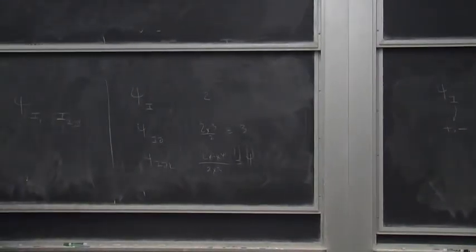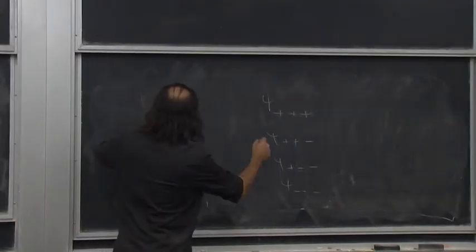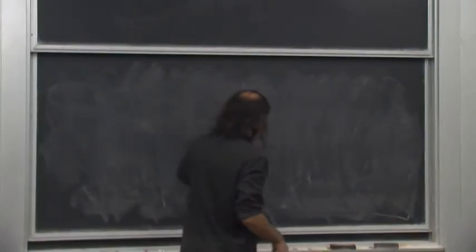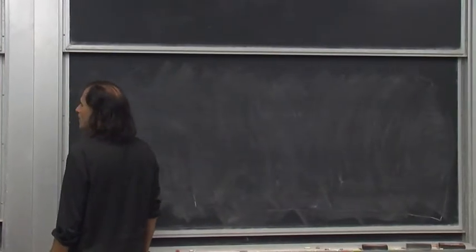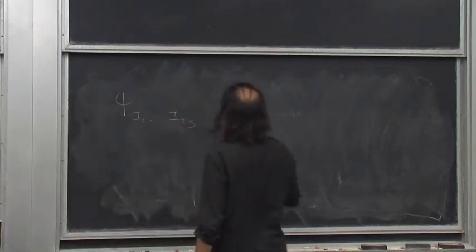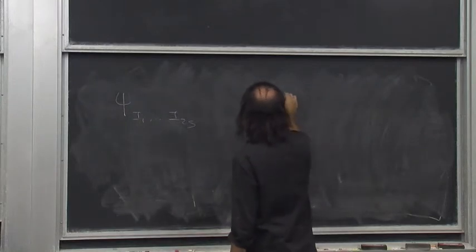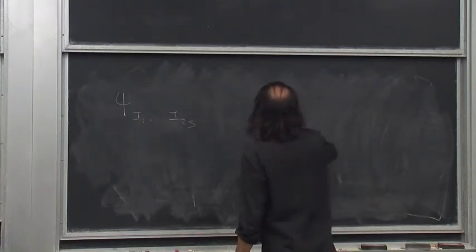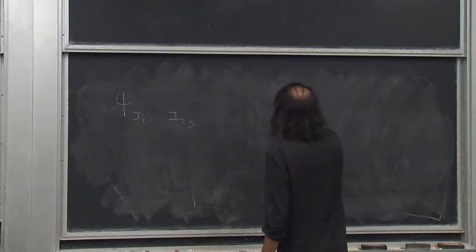So if someone hands you this state, psi I1 through I2s, and you want to connect this literally to the usual language, let's say that I'm interested in a given direction n hat.